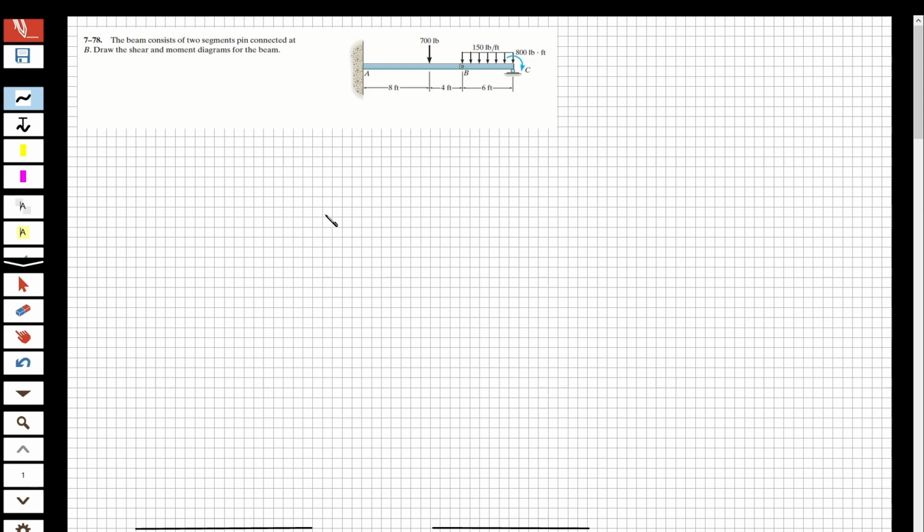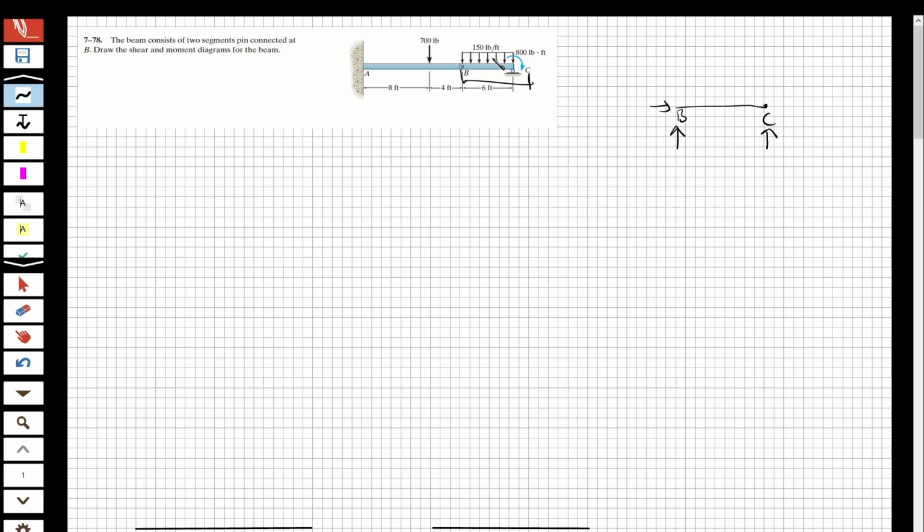So let's solve the question. First, I'm going to start to draw the free body diagrams of the beam. Now you can see on the screen. I'm going to start to solve from this part. This is point B, and this is point C. Point C is a roller, and point B is a pin.